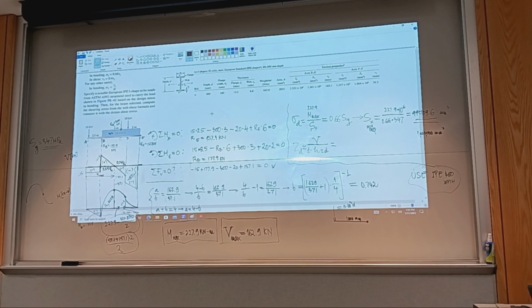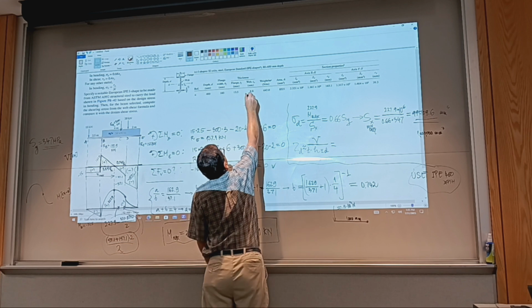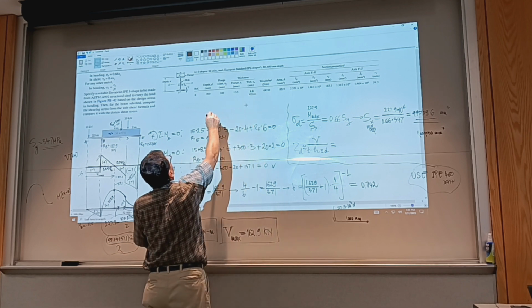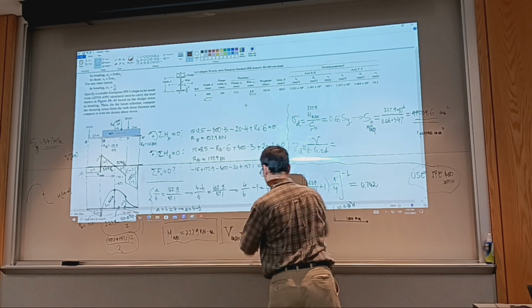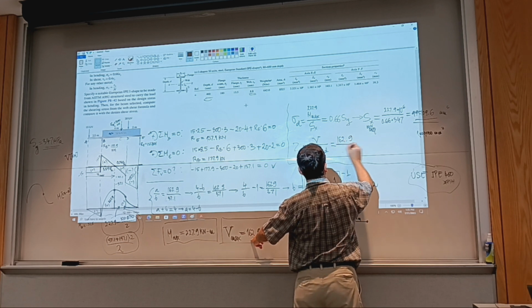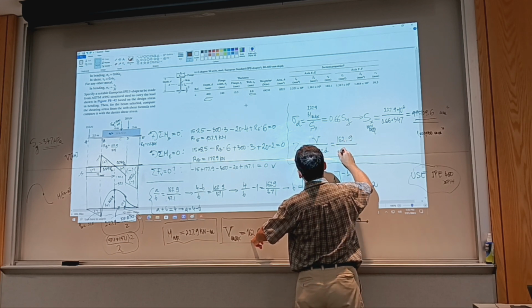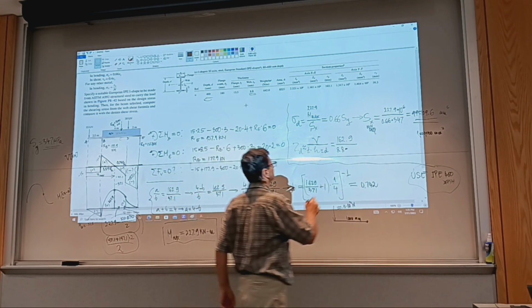And we're looking at web thickness and the depth 400. So V, the maximum shear, 162.9 over thickness 8.8, and D 400.